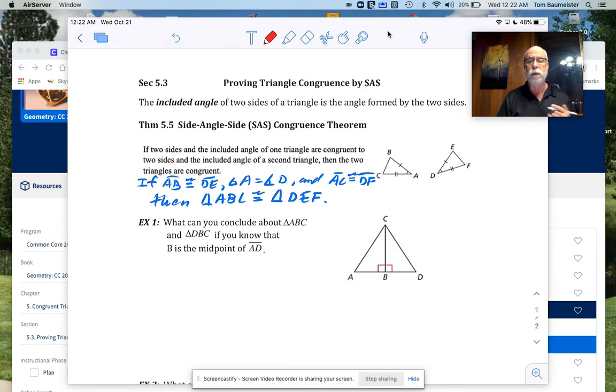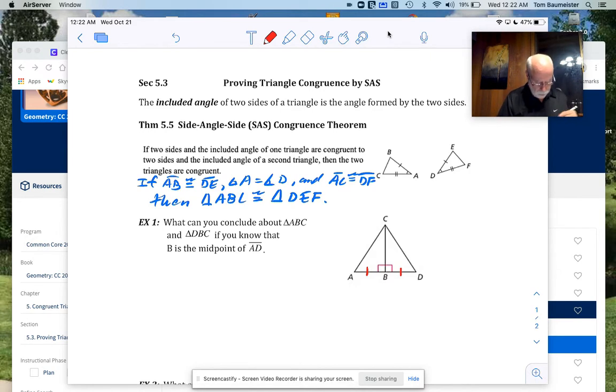We know that B is the midpoint of this line segment here, so it's going to cut that line in half. This segment here is congruent, or equal, to that line segment there.